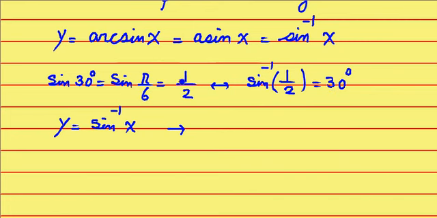Here also, this means sine of y is equal to x. If y is equal to sine inverse of x, then sine of y is equal to x. What do we want? We want dy/dx, or y prime.